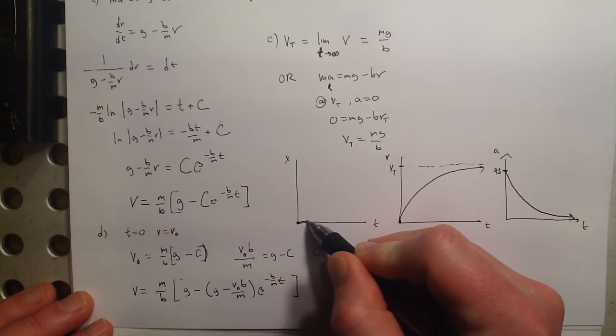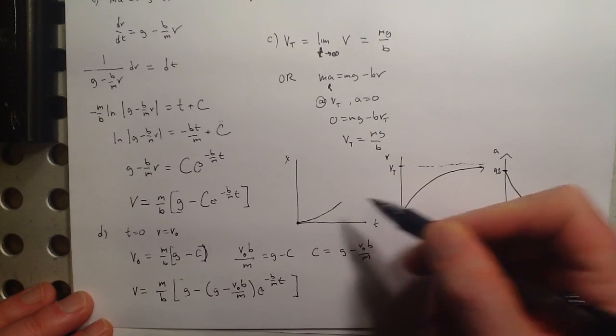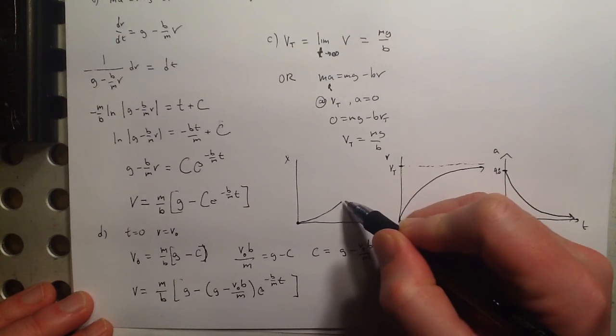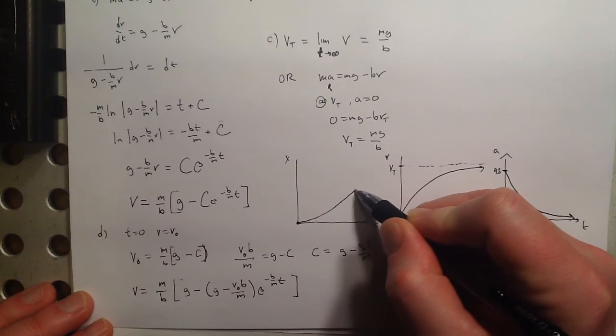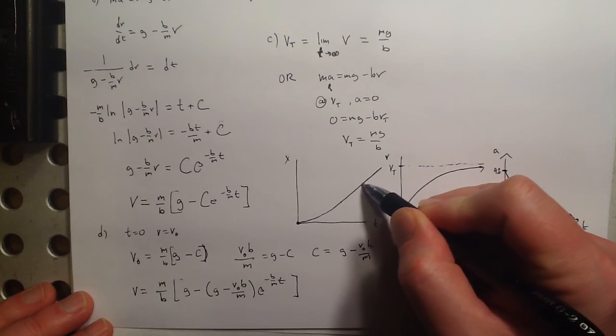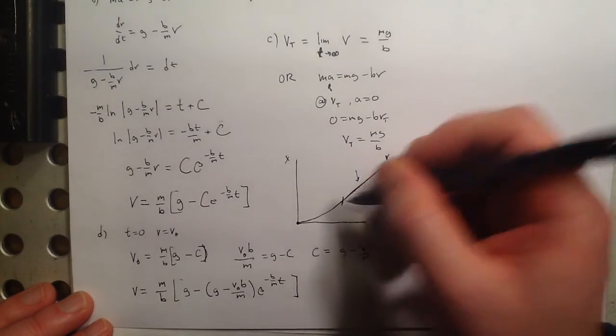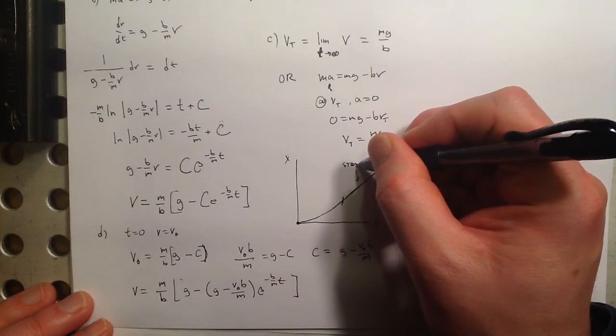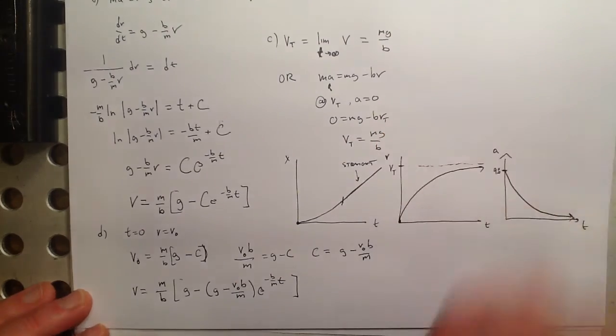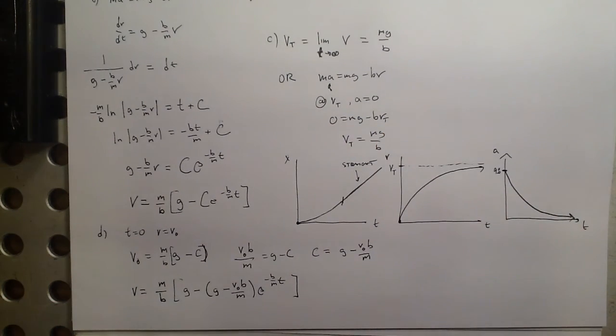So it starts out increasing like this and then gets to a point here where you just reach the terminal velocity and it just turns into a straight line, right? So here, after you reach VT, this is just straight. So there you have it.